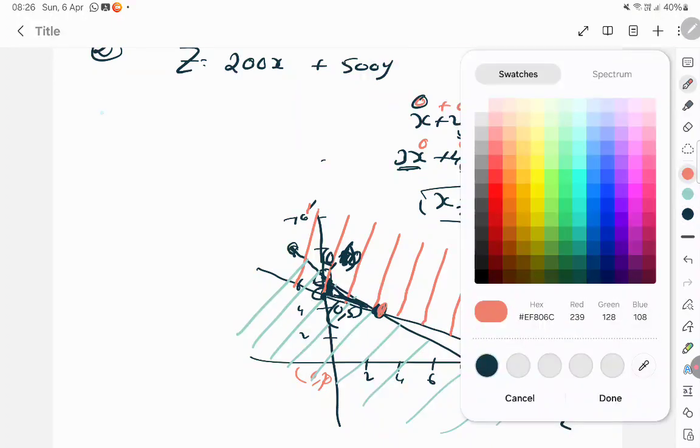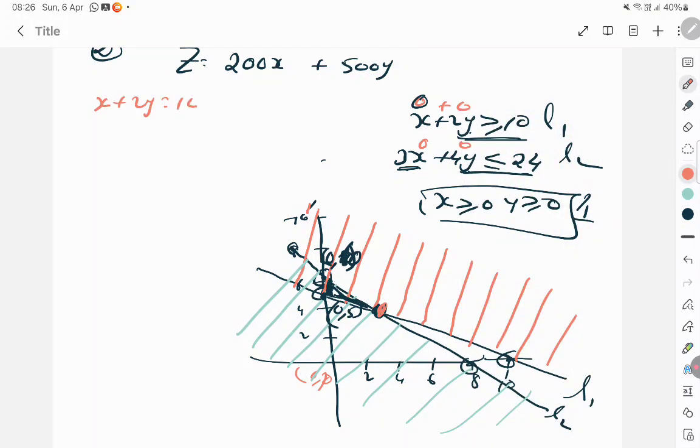Solve the two lines. x plus 2y is equal to 10. 3x plus 4y is equal to 24. If you're going to solve this, you can multiply the first equation by 3, so it becomes 3x plus 6y is equal to 30.